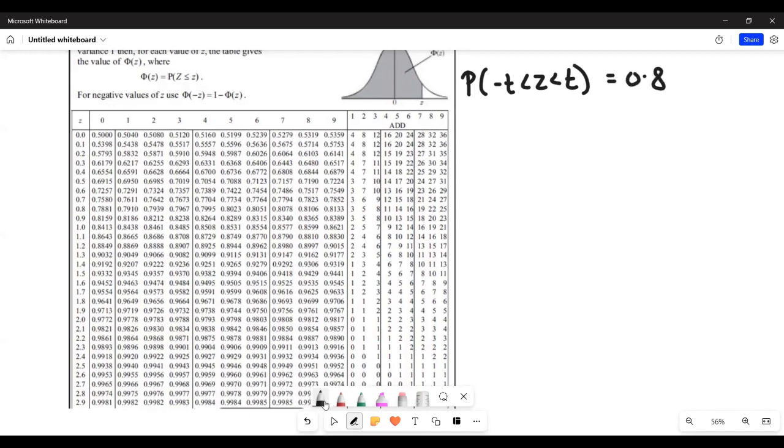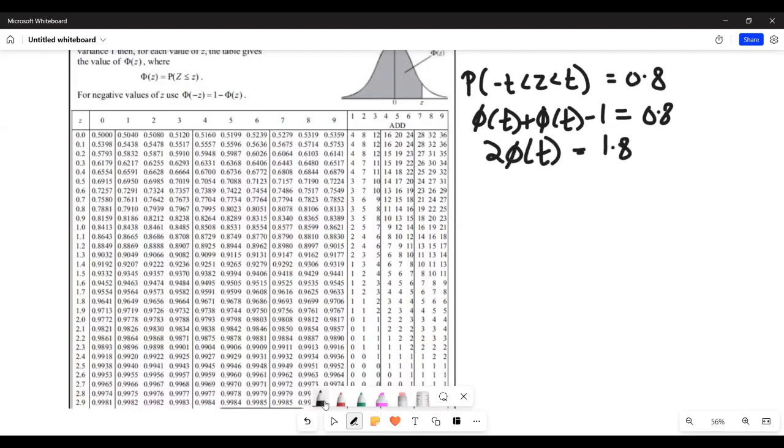Okay. So again, we're going to use the same formula, which is phi t plus phi t minus 1 equals 0.8. So 2 phi t equals 1.8. So phi t would be equal to 0.9. That means probability z is less than t is equal to 0.9. Do we have 0.9 exactly here or not?